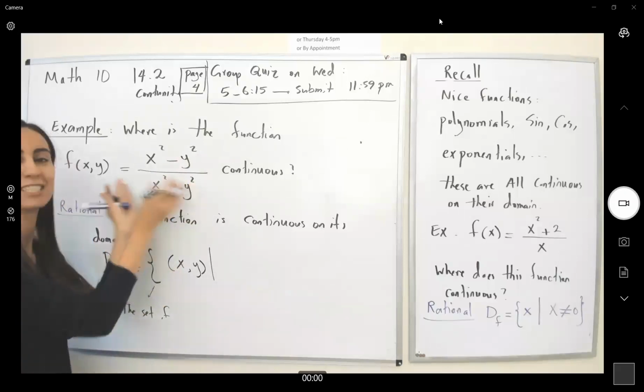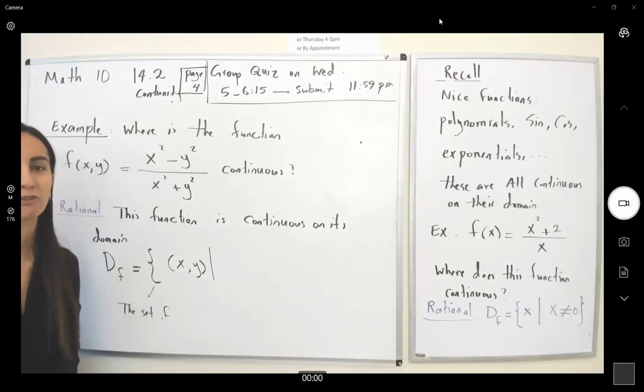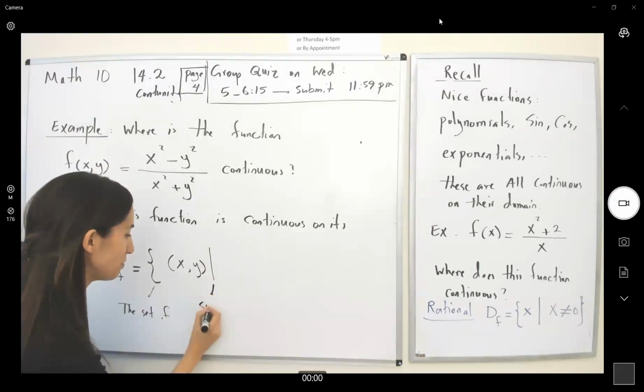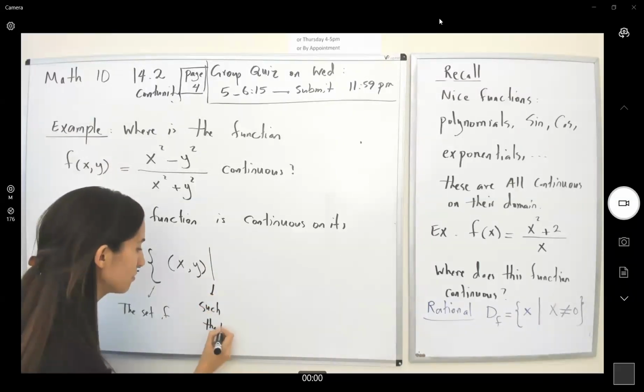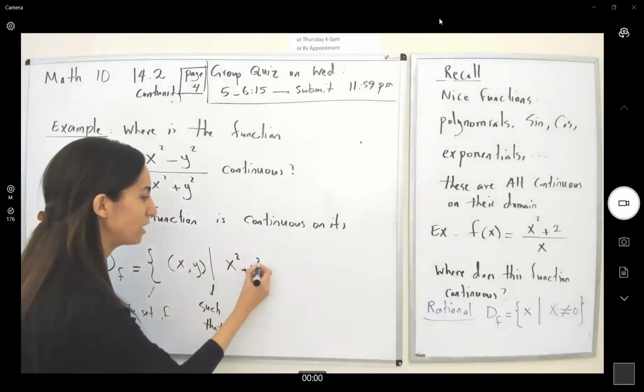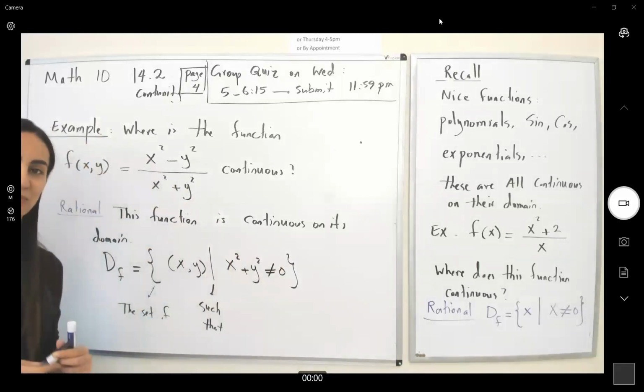We don't want 0 on the denominator. X squared plus y squared cannot be 0, such that the denominator x squared plus y squared is never 0.